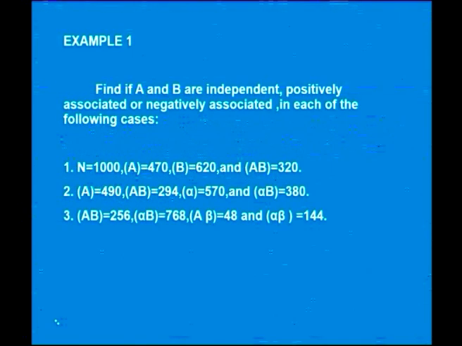Going ahead with the first example: find if A and B are independent, or positively associated, or negatively associated in each of the following cases. To check whether A and B are independent, we have to prove delta is equal to 0. To check whether A and B are positively associated, we have to find whether delta is greater than 0.